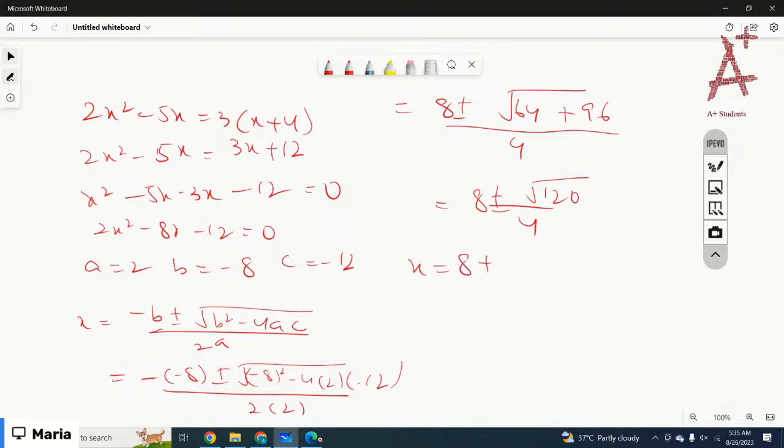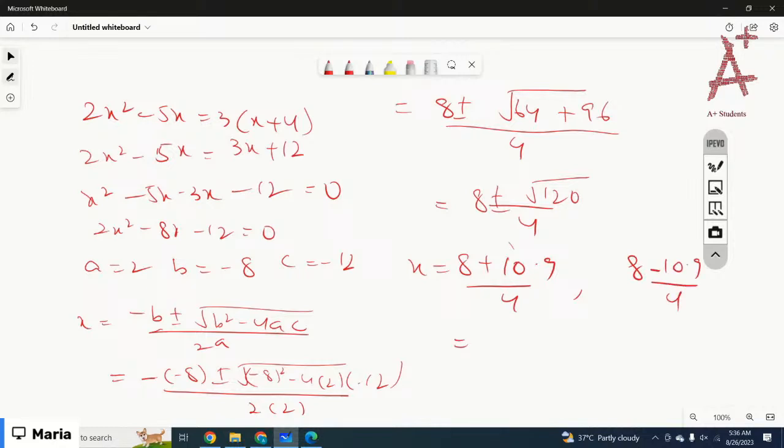So x is 8 plus square root 120, which is 10.9, over 4, and 8 minus 10.9 over 4.